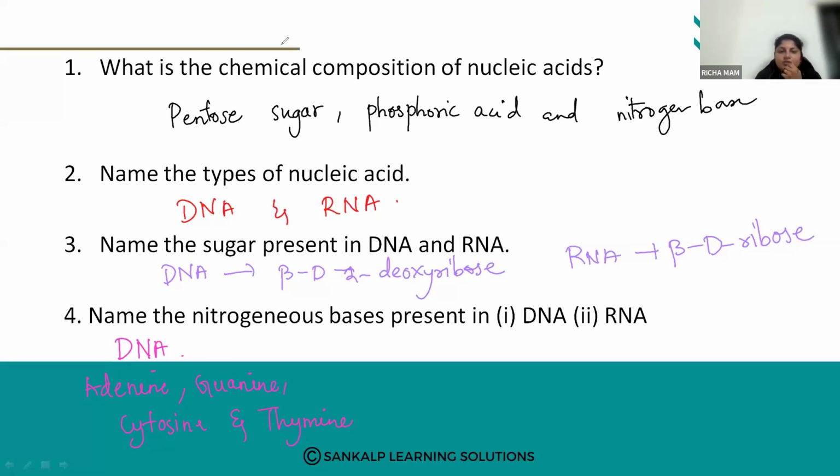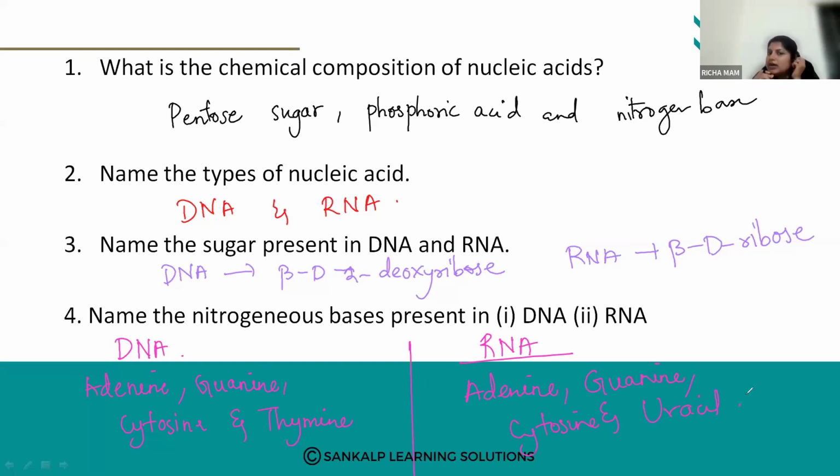The nitrogenous bases present in DNA are adenine, guanine, cytosine, and thymine. And the nitrogenous bases present in RNA are adenine, guanine, cytosine, and uracil.